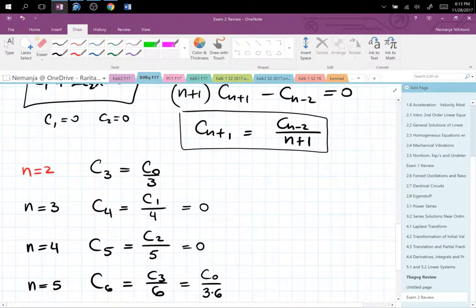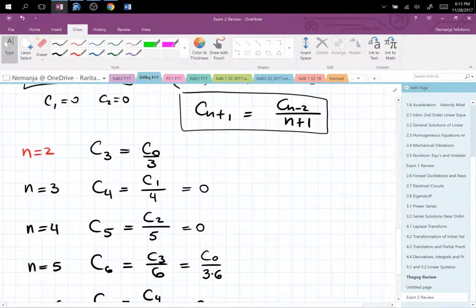So we have all of these coefficients that worked out, and I hope you guys got the same coefficients to work out.